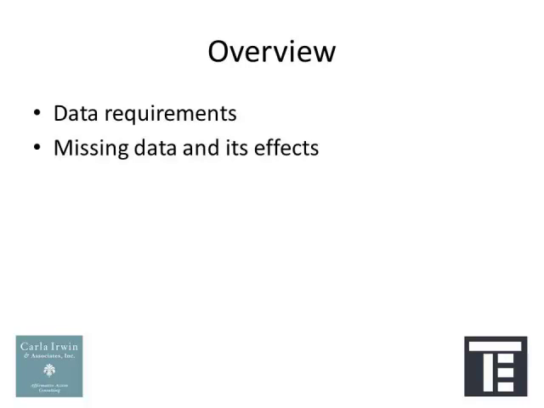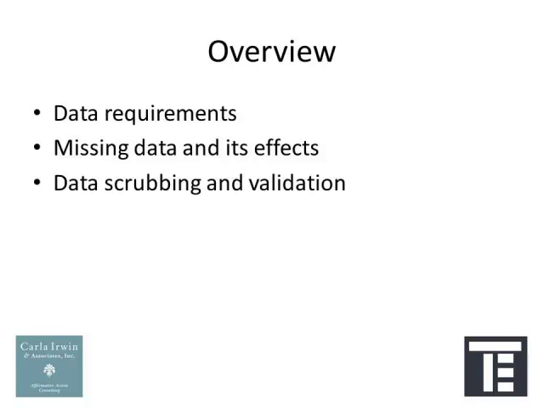All right, so basically what we're going to cover today, just to give you a little overview of where we're headed, we're going to talk about the data requirements, the data that you need for your AAP in terms of hiring, and we're going to limit it specifically to the hiring data. We'll talk about the common types of missing hiring data and what the effect is of that missing data on your AAP.